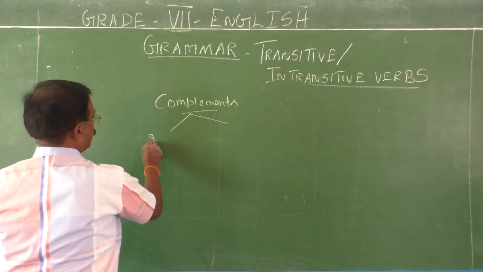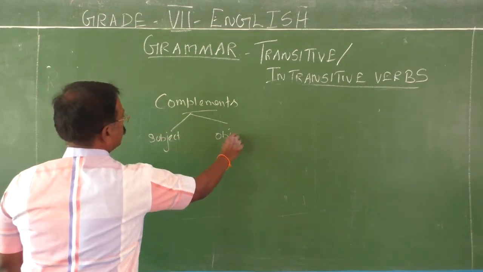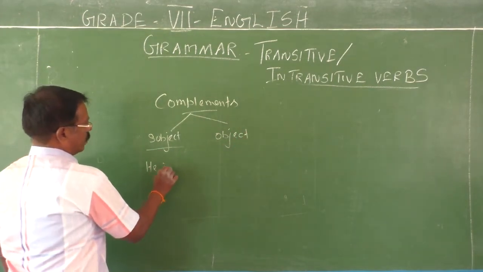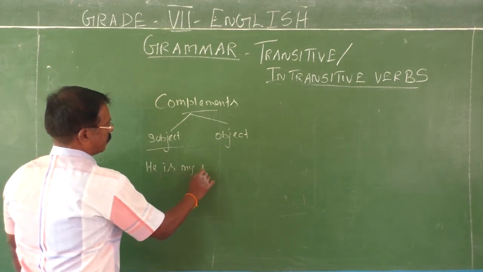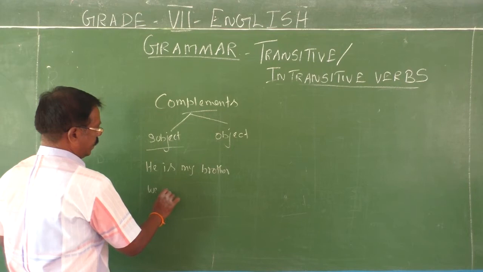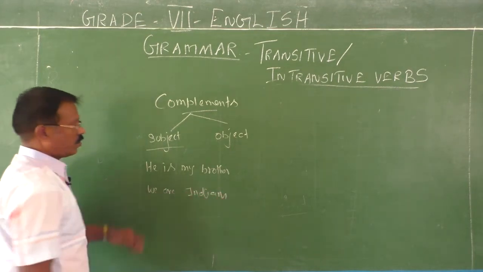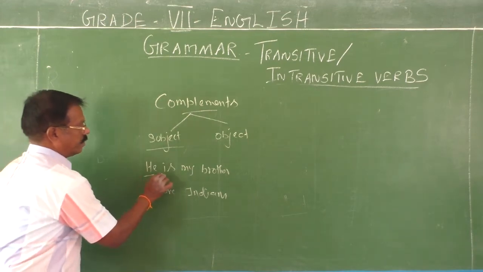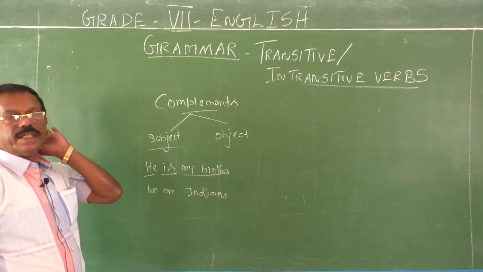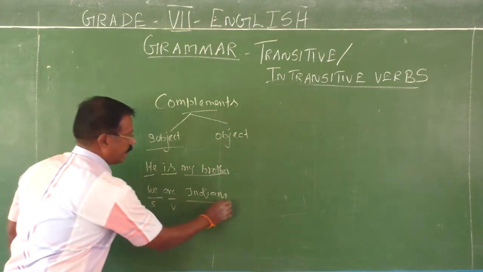One is subject complement, another one is object complement. Okay. See, he is my brother. We are Indians. You just see these two examples. Subject, linking verb, and my brother is a complement. It's a subject complement. We, subject, are linking verb, Indians, complement.